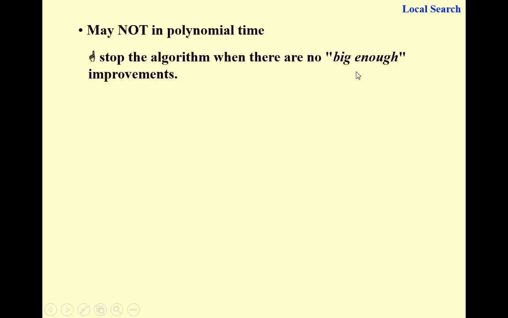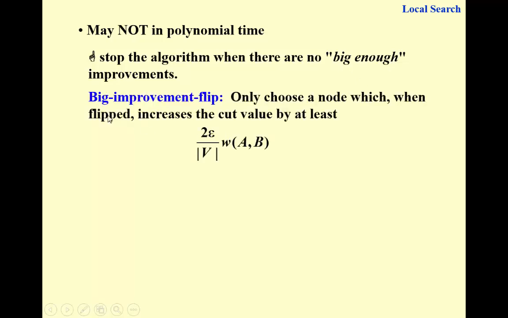Of course, we have to define how big is big enough, right? So here is the big improvement flip algorithm. We only choose a node which, when flipped, increases the cut value by at least that many. That's 2 epsilon over the size of V, or say 2 epsilon over n, times the weight of the cut.